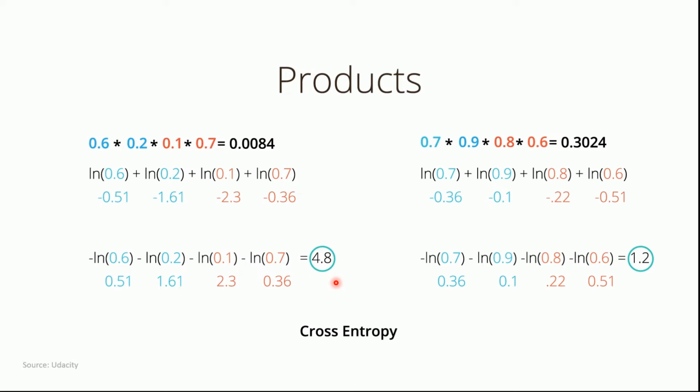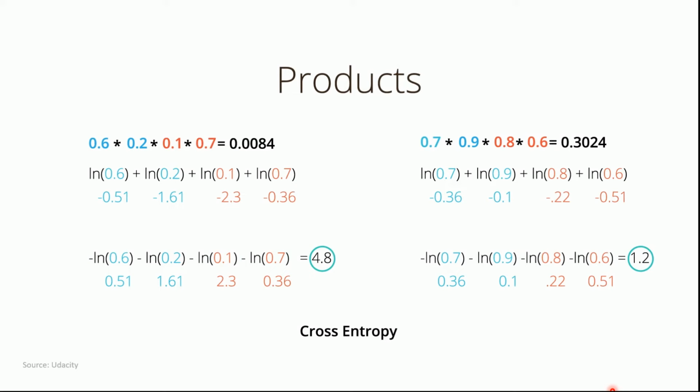So, by applying a logarithm to probabilities, which are numbers between 0 and 1, we will get the summation of them, which will produce us a number like this. So, the closer all our points are to 1, so the better our prediction, we will get a smaller cross entropy. And the less the probability, so the worse the points compared to our line, the higher the cross entropy.